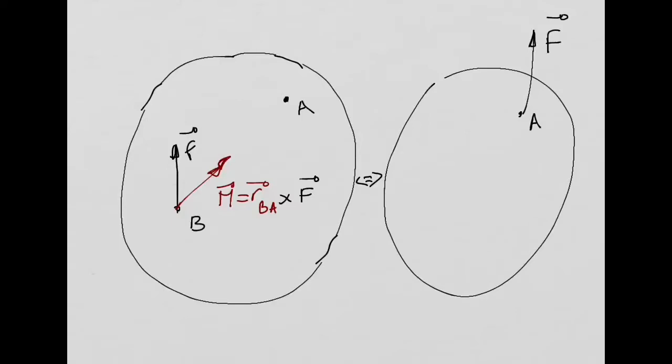So our original system, this one here on the right, with only a force F at point A, is equivalent to this system on the left with a force F at point B and a couple M, which is equal to r_BA cross F. So what I did, if you look carefully, was transfer this force from point A to point B. But when I transfer the force from point A to point B, I need to add the couple, the moment produced by the couple, right?